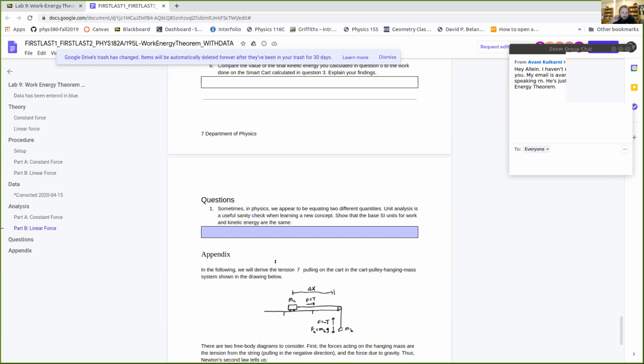let's see, it says show that the base SI units for work and energy are the same. Okay, well, I guess I can show you that one really quick.